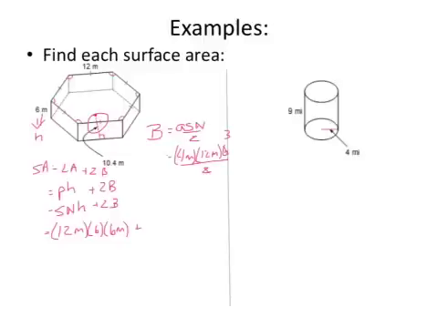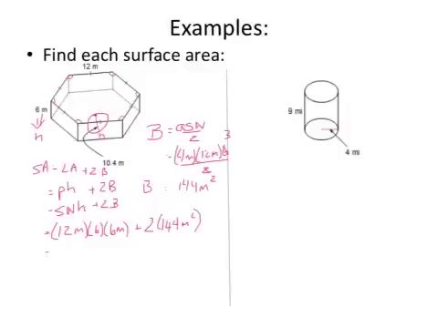So now we can start doing some math. So we end up with 48 times 3, which is the area of each of my bases, 144 meters squared. So 2 times 144 meters squared is going to equal the area of my bases.